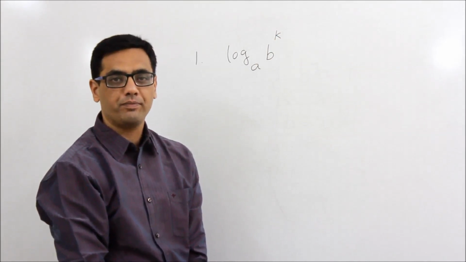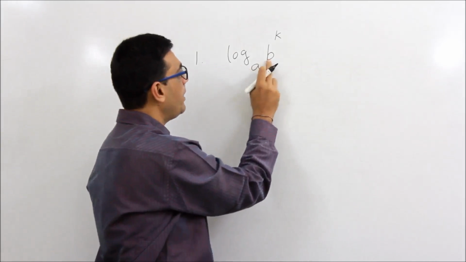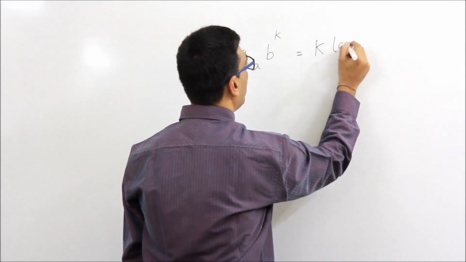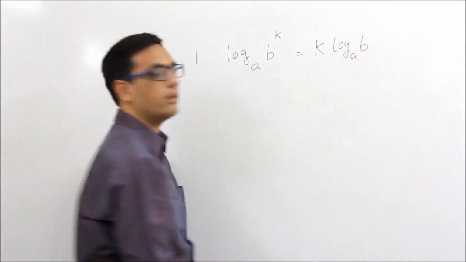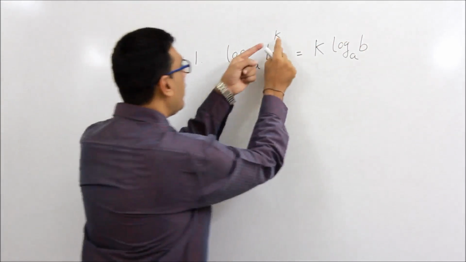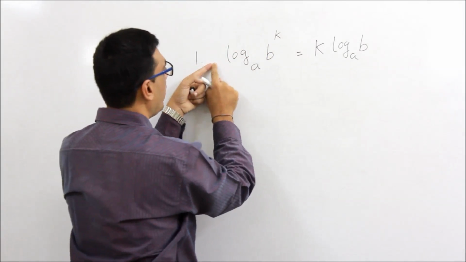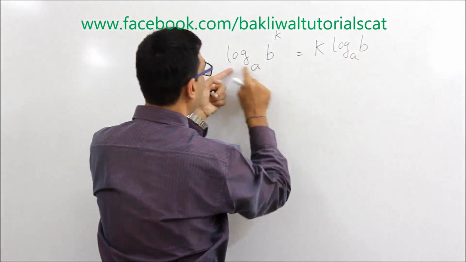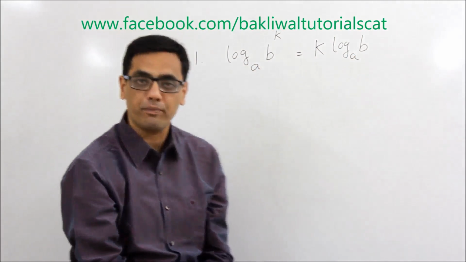What will it become? It is nothing but k log b. Please understand, the power will come here. That is the first rule of logarithm. Whatever the power is, that comes here, and the rest remains the same. This is rule number 1.